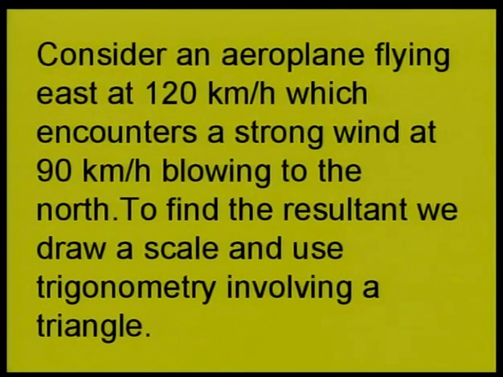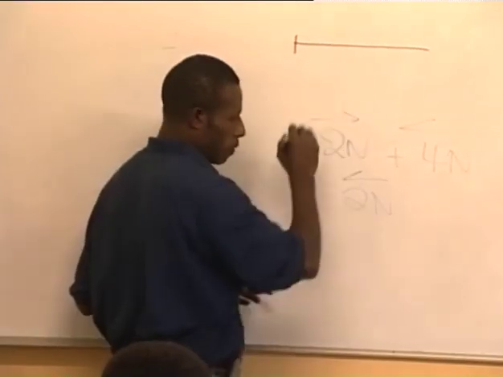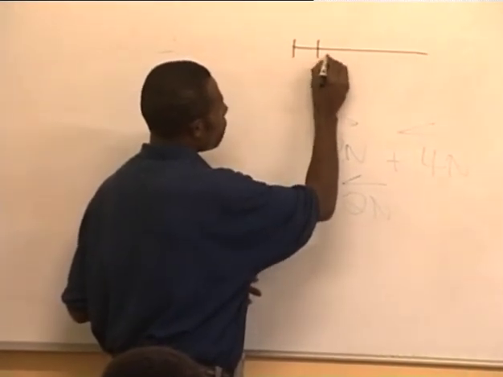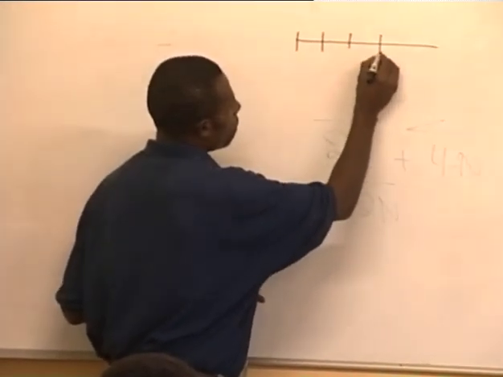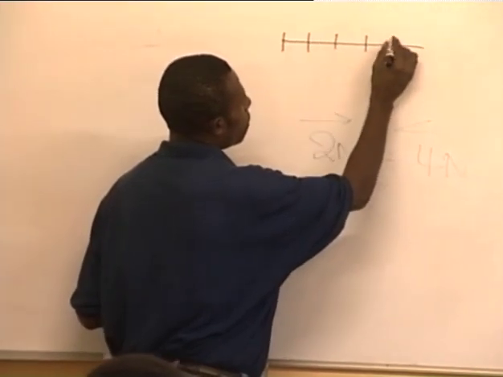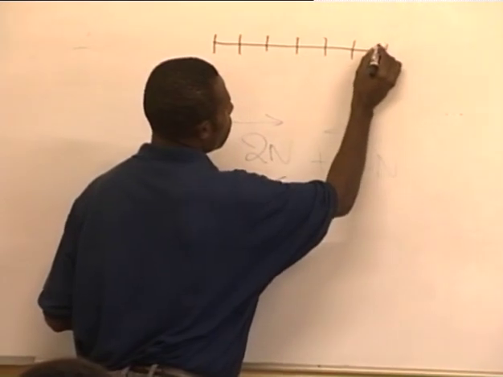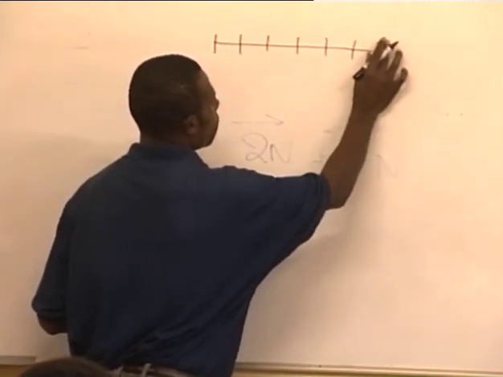Now, if we were to draw that to scale, it will be something like this. The plane is flying towards the east.